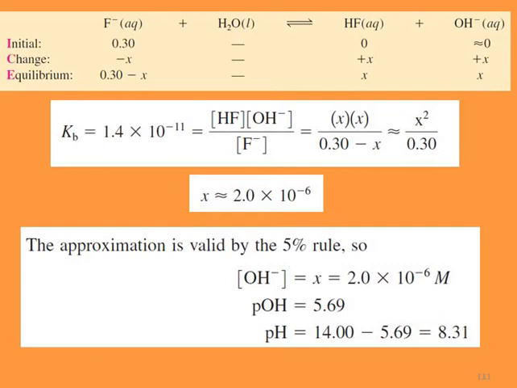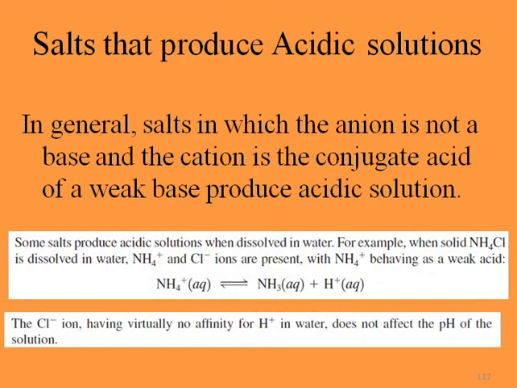That x is the hydroxide concentration. After that we can find the pOH and then pH. pH is 14 minus pOH, which in this case is 8.31.